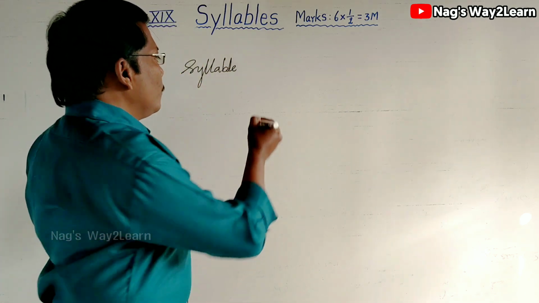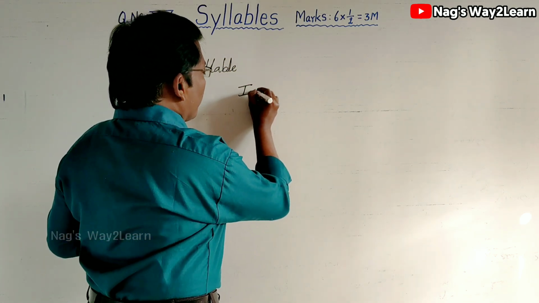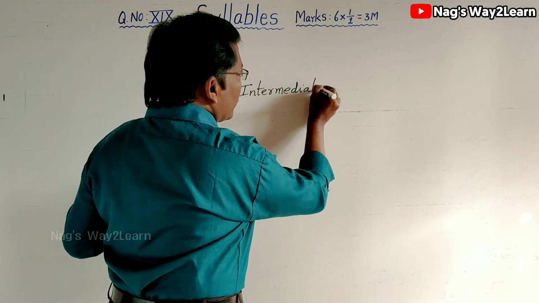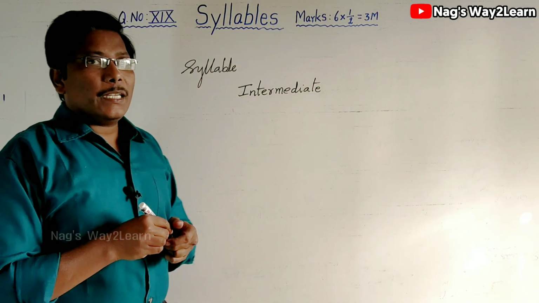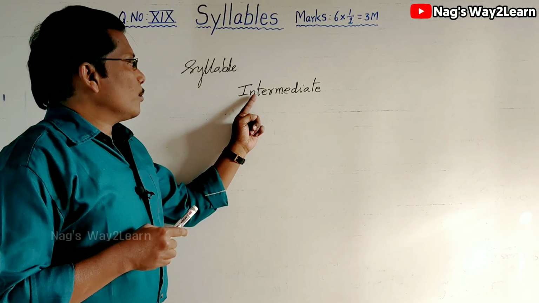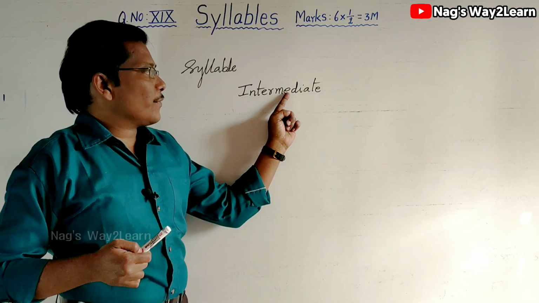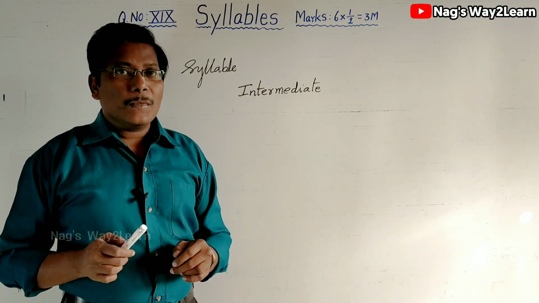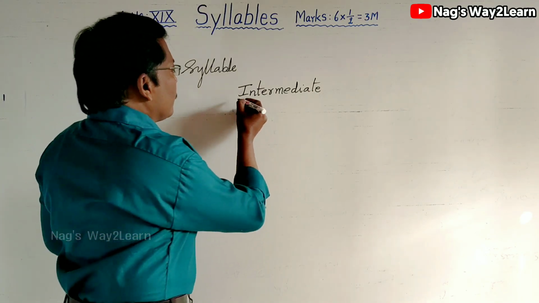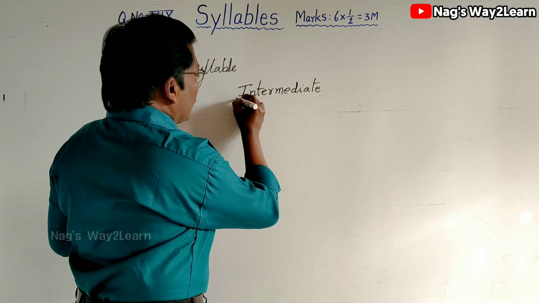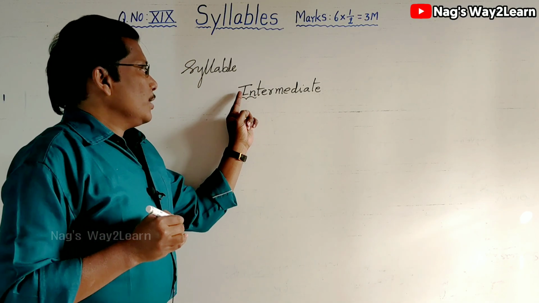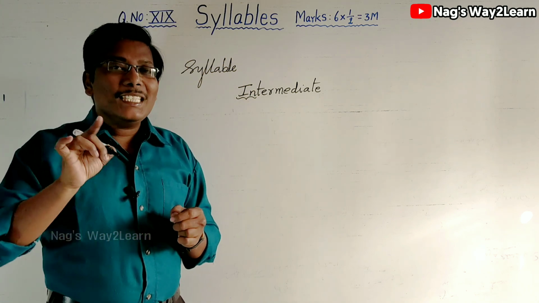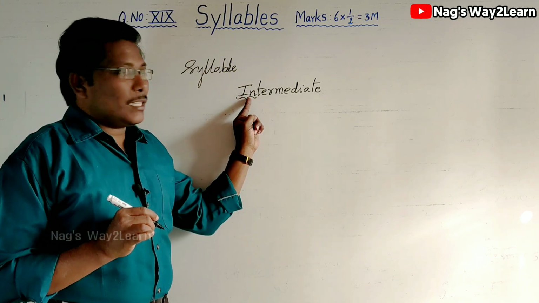For example, you take the word intermediate. So in this word 1, 2, 3, 4, 5, 6, 7, 8, 9, 10, 11, 12 letters are there. Okay, and if you combine these two letters I and n, you can get the sound in. So this is one syllable.